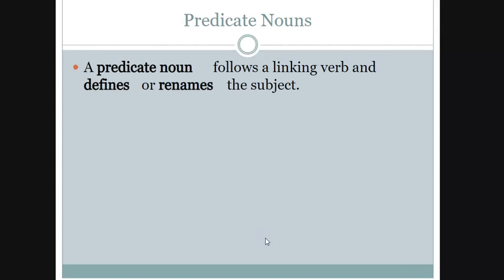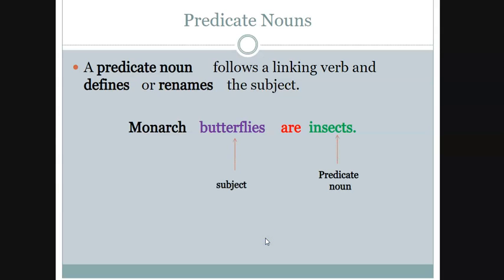Monarch butterflies are insects. Butterflies will be subject. Predicate noun will be insects. A predicate noun follows a linking verb, yeah, and defines or names the subject, yeah. Butterflies, subject; monarch butterflies are insects, yeah, predicate noun.